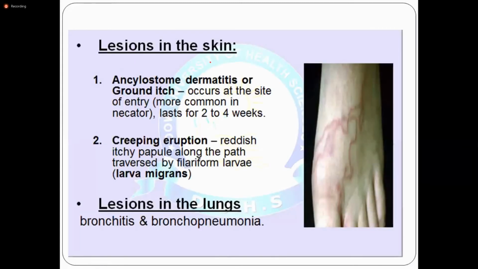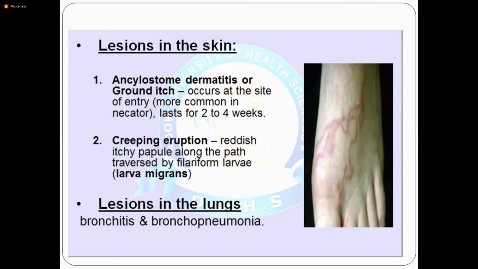So lesions in the skin: because they penetrate the skin of the foot, they cause ground itch, or ancylostomal dermatitis, at the site of entry of the parasite, or there is creeping eruption along the route taken by the parasite. The eruption will be a reddish itchy papule along the path.